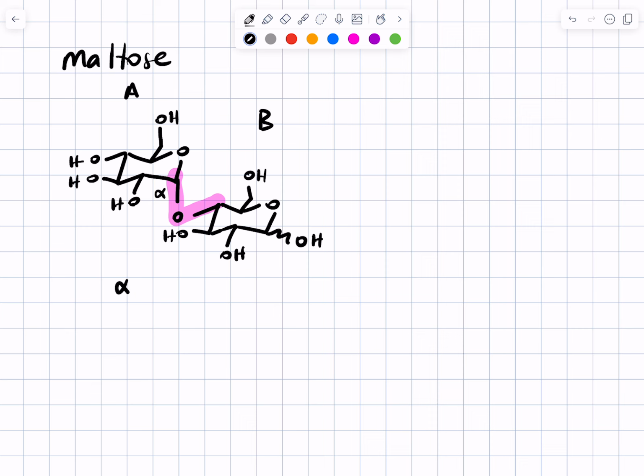Then what are the correct numbers? You always start with the anomeric carbon 1, and then you end with the alcohol carbon, which is what? 4. Yep, alpha 1,4. So maltose has the alpha 1,4 linkage, which your body does have enzymes to digest.